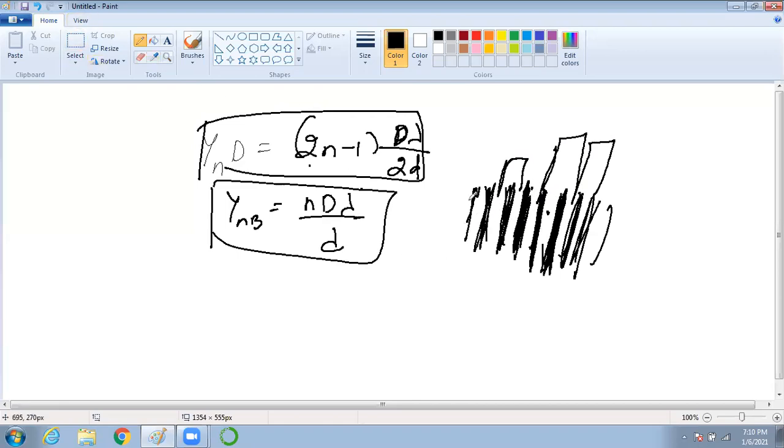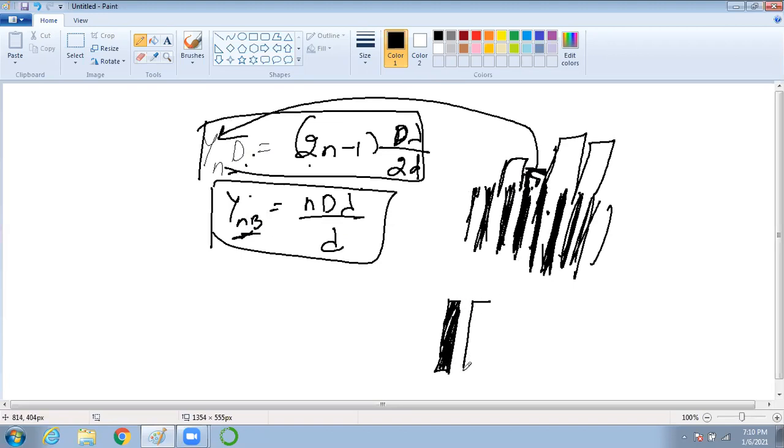Now everything is fine. We understood what is this y, what is this Y_nB and what is this Y_nD. From the middle to the first fringe is the distance I am talking about. But what about if any fringe has a width? Let's say this is a bright fringe, and this is another bright fringe.